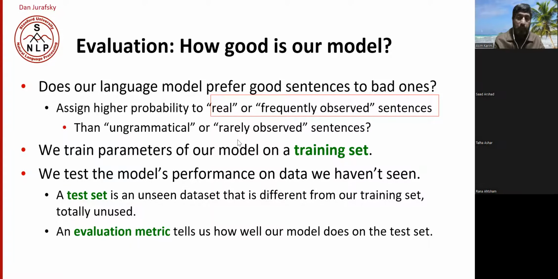If the other data is different, then you will get lower probabilities, and you will say that your language model is not good. But the language model is only as good as the data on which you train it. If you test it on similar data, you will be better able to gauge its accuracy. If you test it on other data, you won't be able to check its accuracy.